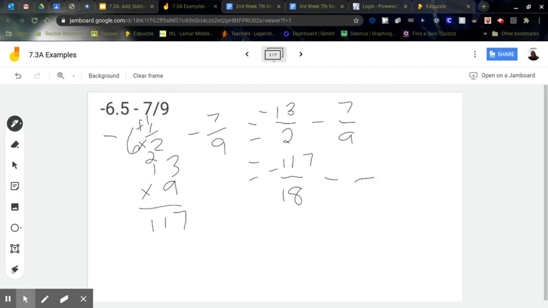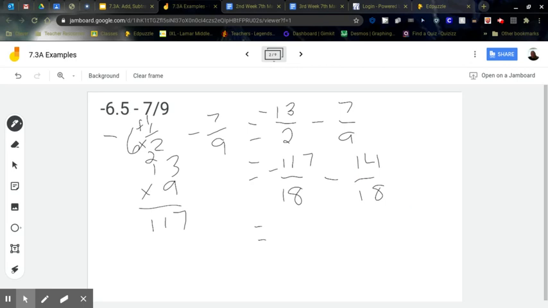Minus, we have 18 again. This time we did 9 times 2, so we're going to do 7 times 2. 7 times 2 is 14. Okay. And then we're going to subtract negative 117 minus 14. So when I'm doing a negative number, subtracting a positive number, I'm just going to add those two together because they're both negative.